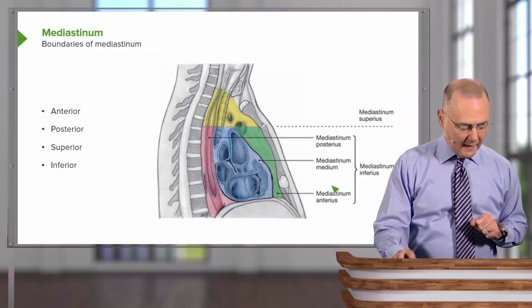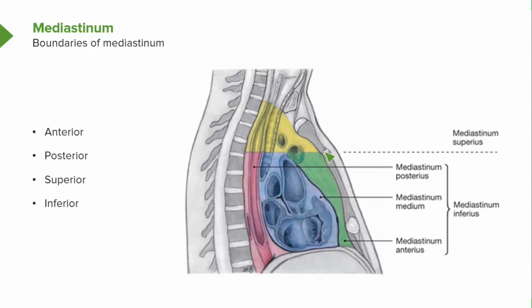Those boundaries will be an anterior boundary, a posterior boundary, a superior boundary, as well as an inferior boundary. The anterior boundary will be the sternum, and that is the structure here. The posterior boundary to your mediastinum will be all 12 thoracic vertebrae. T1 is here, 2, 3, 4, 5, 6, 7, 8, 9, 10, say a little bit of 11, and then 12 would be just a little bit below this illustration.